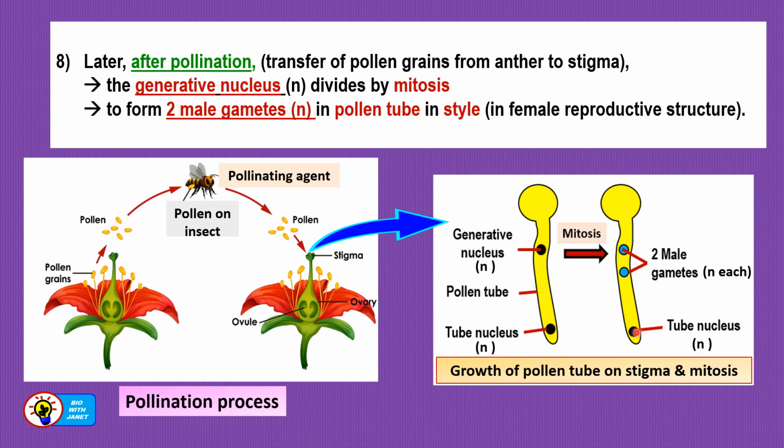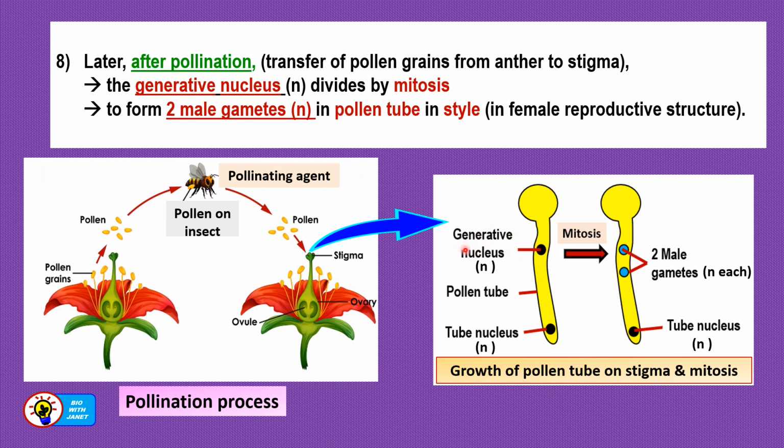Now the tube nucleus will lead the way down, whereas the generative nucleus will undergo mitosis again to form two male gametes. Earlier there's one process of mitosis in the anther. So now when the pollen grain has landed on the stigma, there's another process of mitosis occurring to the generative nucleus.